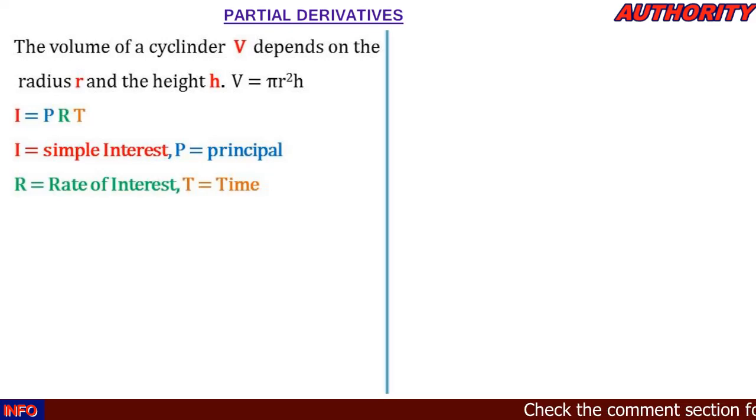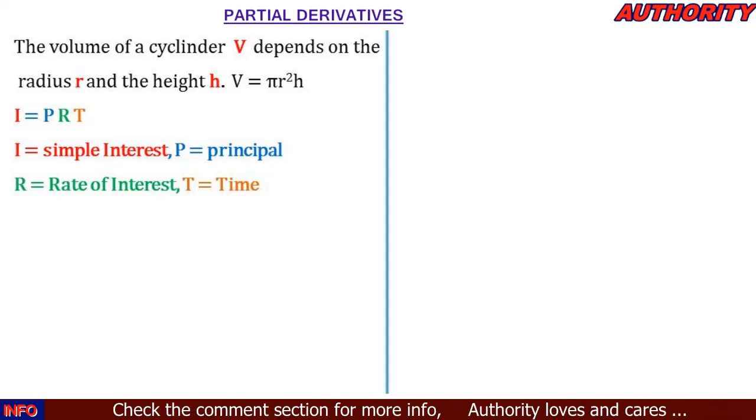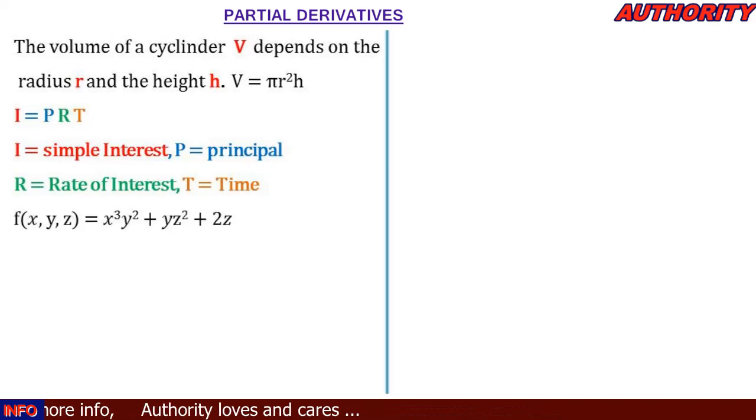Okay, good. And then in this lesson, we are going to go higher than looking for partial derivatives. We also go further and see how to find first and second derivatives. Please pay attention to this. It's very, very important. Now let's take, for instance, a function f which depends on x, y, and z in the relation x cubed y squared plus yz squared plus 2z.